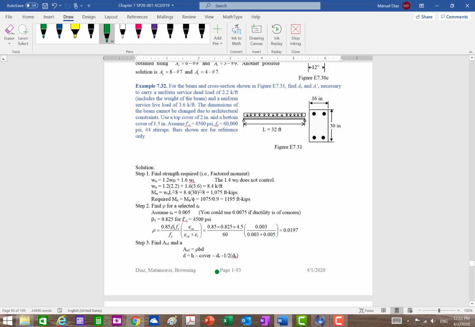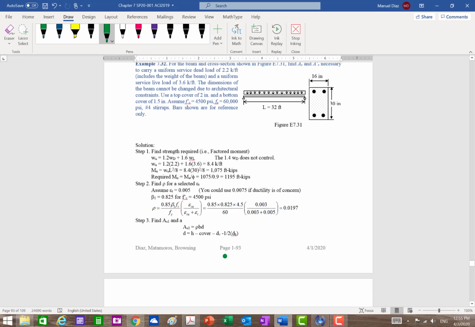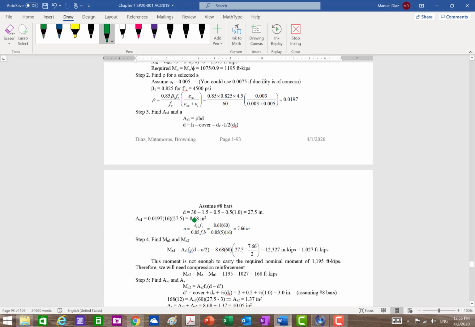Find my D value, assume a value, of course, right? And with that, I get my area of steel. With that area of steel, I find my A. And with that, I get my moment. So this is the moment I can carry. Nominal. Okay, this is the nominal value.